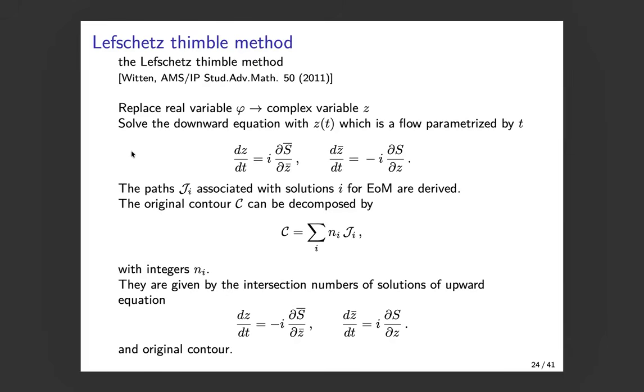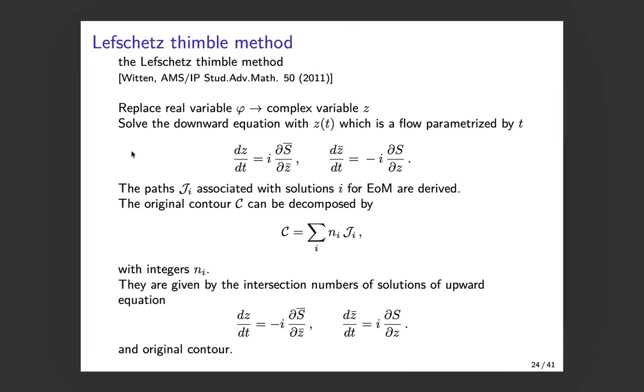This integer can be determined by solving another equation called the upward equation and counting the intersection number with the original contour, and then we know how to sum the J_i to reproduce C.